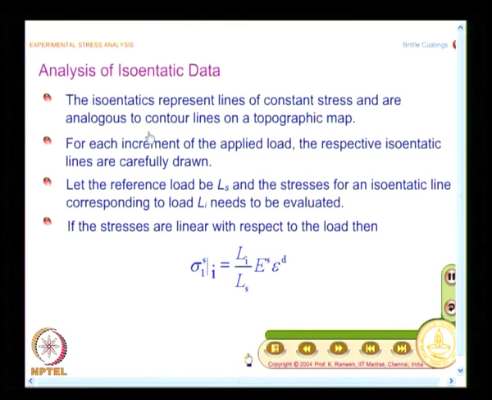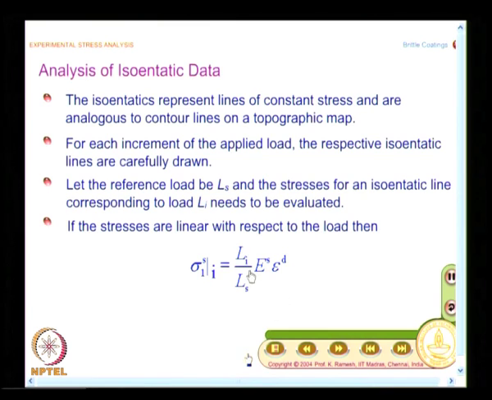So, when I want to do the analysis of isoentatic data, let us consider the reference load to be Ls, and let us find out the stress for an isoentatic line corresponding to load Li.